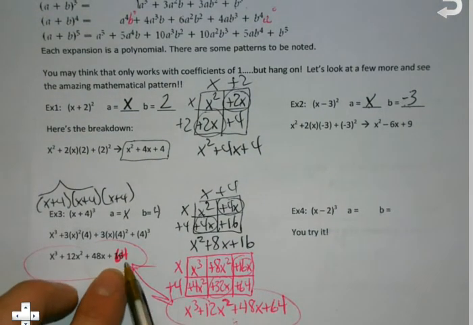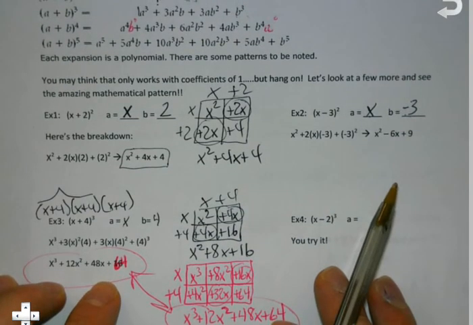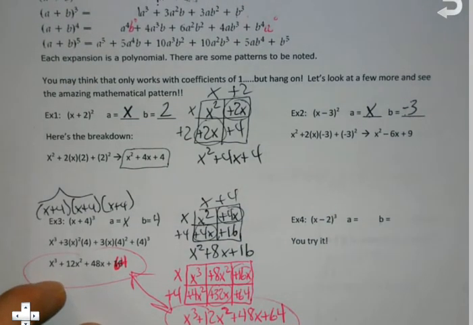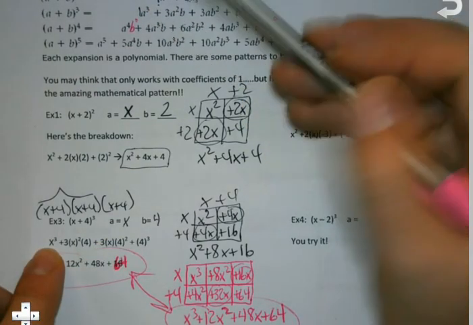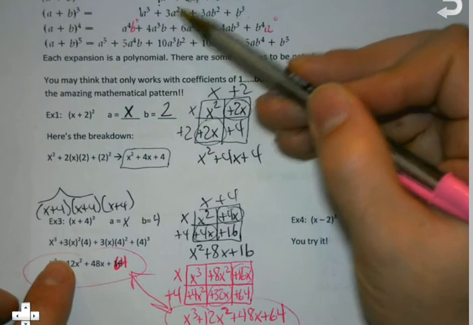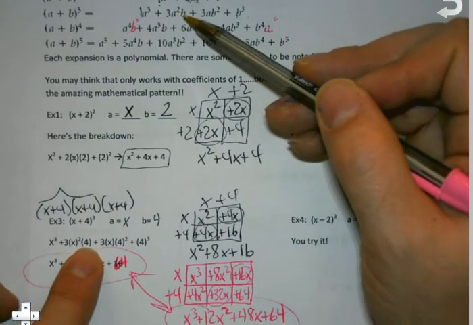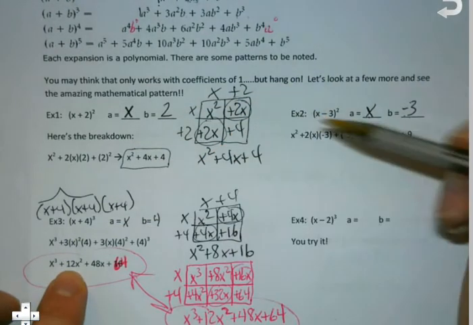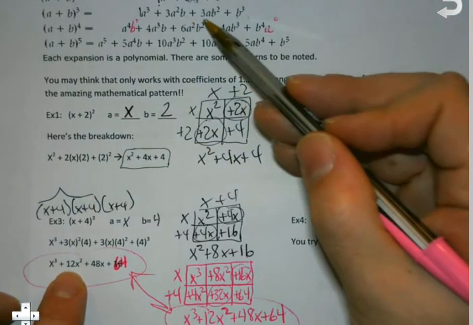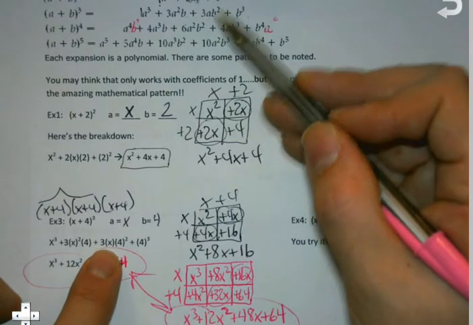Okay, so since those are the same, what I could do, because way at the top of the screen, there's my cube. So I cube my first term, so x cubed, plus 3 times my first term squared, which is the x squared, times b, so 3 times 4 is 12, x squared, plus 3 times x times my b term squared.